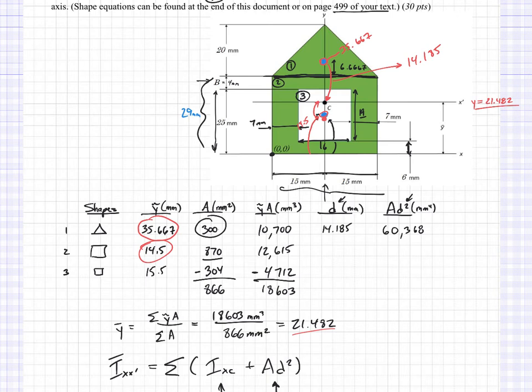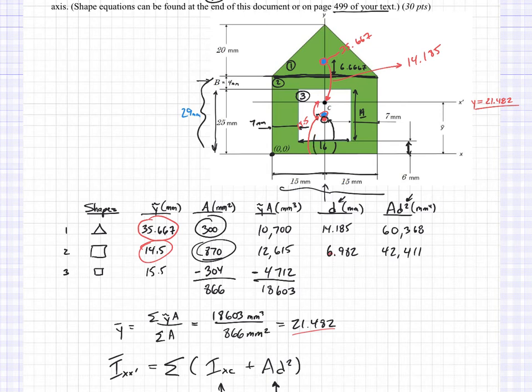Again, I'm not worried about the sign, so I'm not even going to bother to include it. Let's keep this all in black. 6.982. Okay, so I'm going to square that, multiply times the area right here, 870, and I'm going to get 42,411.